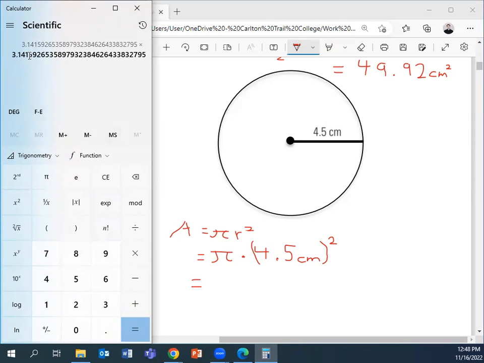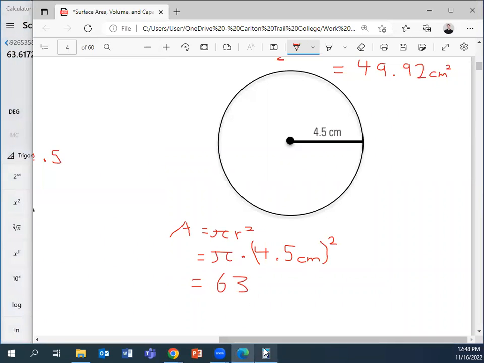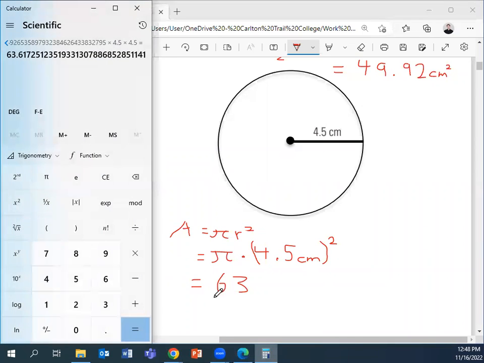But in this case, I take my pi. I pressed pi, it gave me this number, right? I'm timesing that by my radius, 4.5. That equals 63. Now I have a whole huge number here, right? I don't need to be that exact.